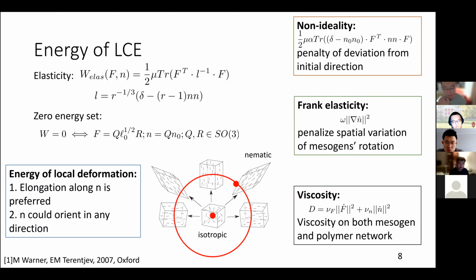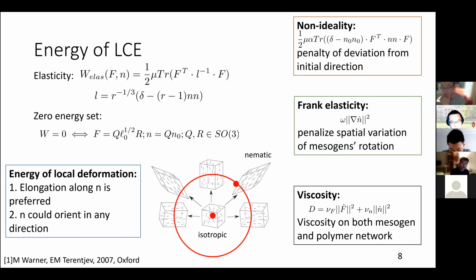For example, in my understanding, Frank energy would contribute very little to this soft elasticity behavior, right? Yes, that's true based on your simulation. So have you checked, for example, the percentage of the contribution from those different energy terms?